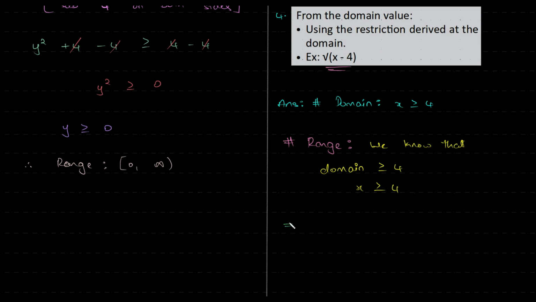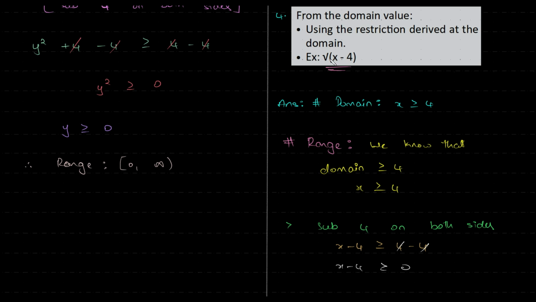So I'm going to subtract 4 on both sides. So you can see it's a similar set of steps actually. So I'm going to get x minus 4 is greater than or equal to 4 minus 4. So this will be 0. So x minus 4 is greater than or equal to 0.